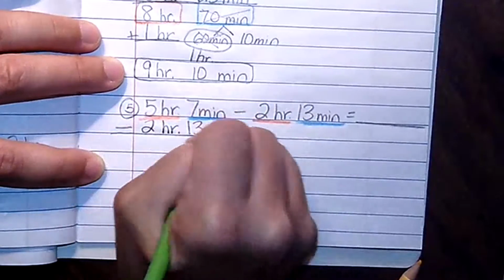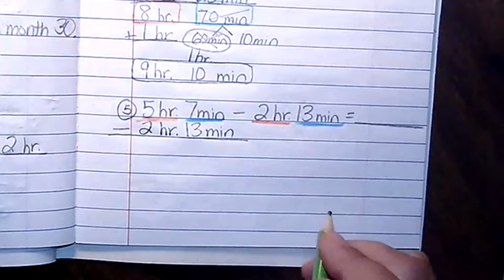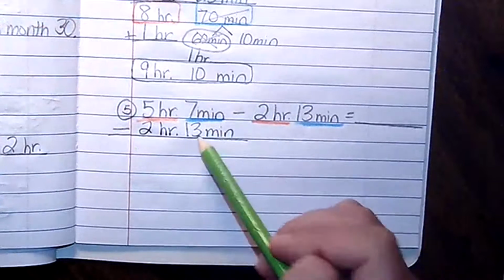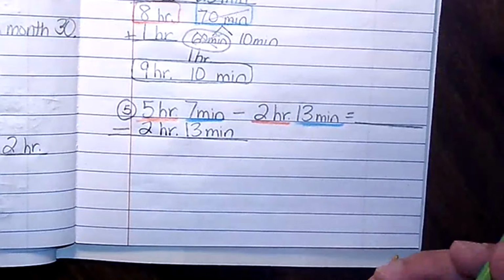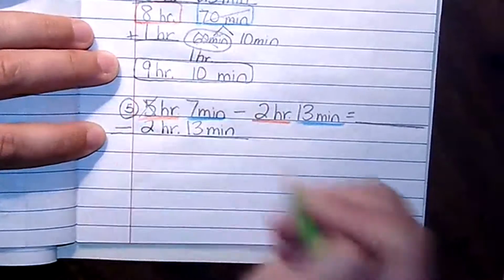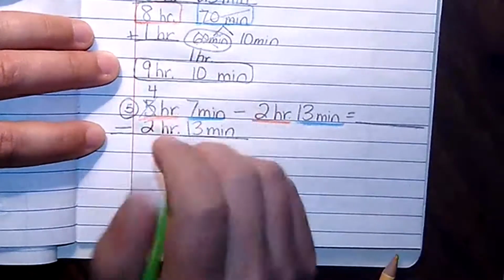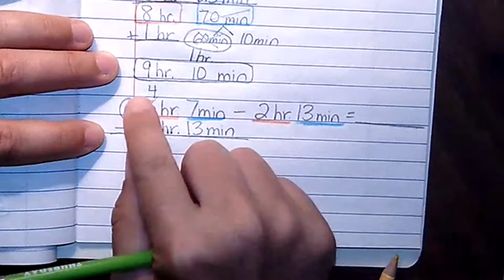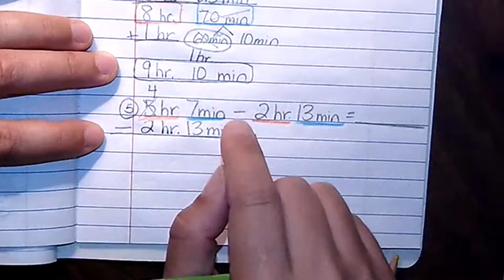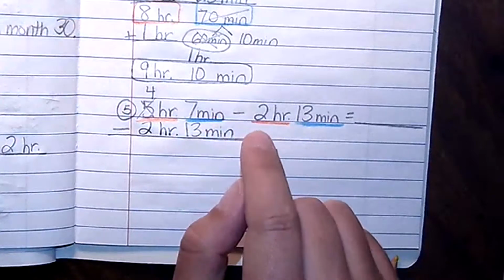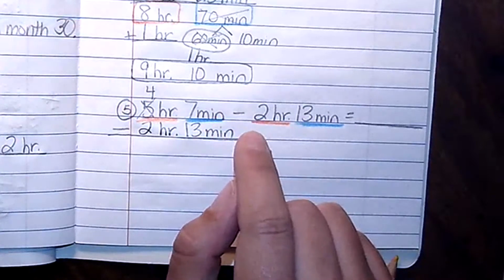I'm hoping that you already noticed something. If I have 7 minutes, can I take 13 minutes away from them? No. So I need to go over here and borrow 1 hour. Neighbor, can I borrow an hour? Sure. Now instead of having 5 hours, they have 4 hours left. When I bring back 1 hour, think about it, how many minutes is 1 hour?